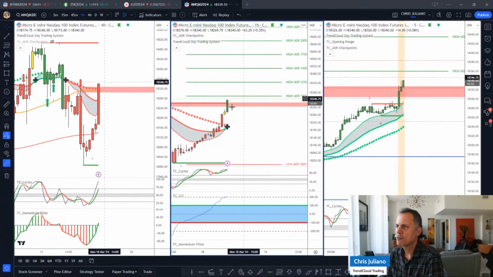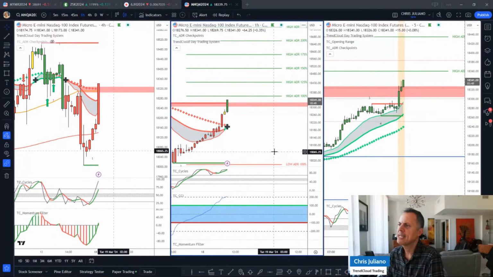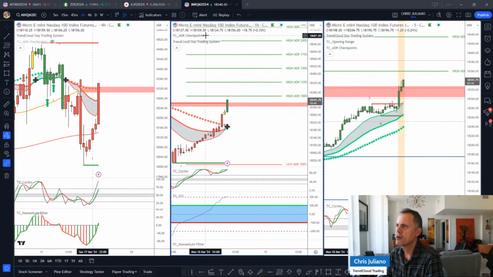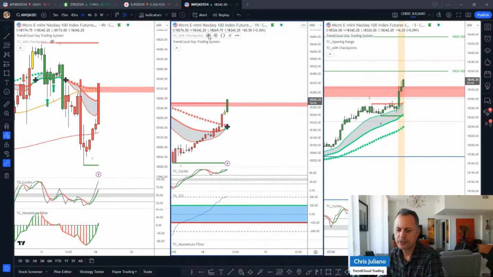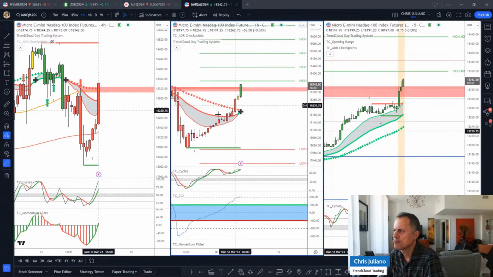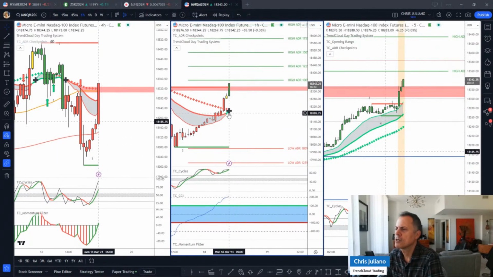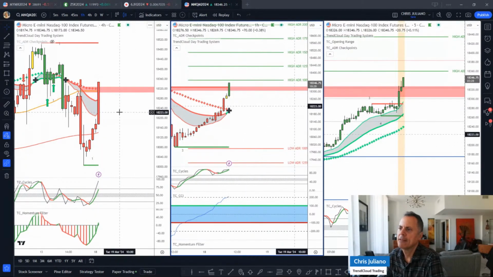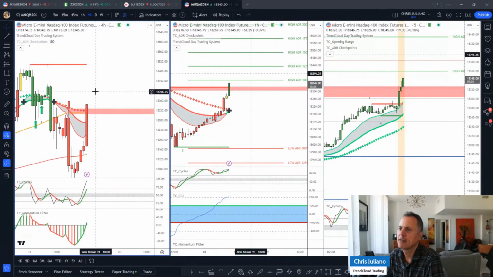So very powerful stuff. So heading towards that ADR checkpoint now. Again, if you didn't have that on your chart, would you know what to look for? A lot of momentum beginning to hit the trend here, crossover on the TrendCloud, and we should be getting that again here.